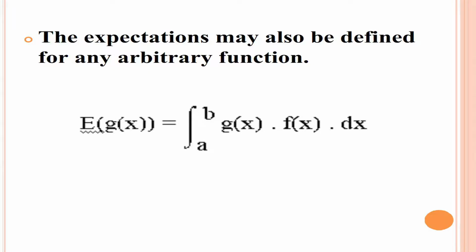The expectations may also be defined for any arbitrary function. Say, for example, expectation of g of x, where g is an arbitrary function of capital X, is equal to the integration over a to b of g of x f of x dx.